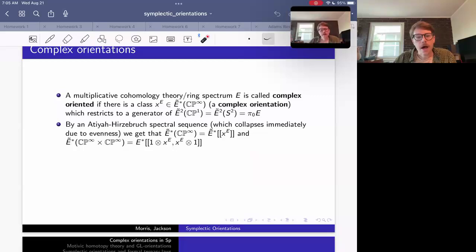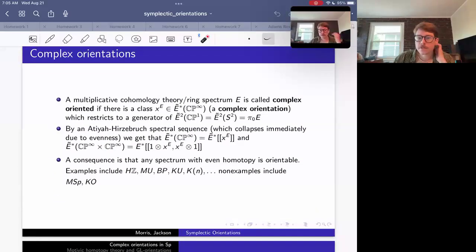Everything is even. So the spectral sequence just collapses and we get that the E cohomology of CP infinity is going to be a formal power series on this complex orientation. And by the same argument, you'll get that on two copies of CP infinity, we get this twisted thing, where we have one tensor the complex orientation, and the complex orientation tensor 1. So there's a lot of freeness going on here in the cohomology for a complex orientation.